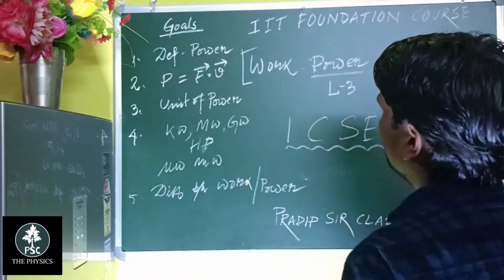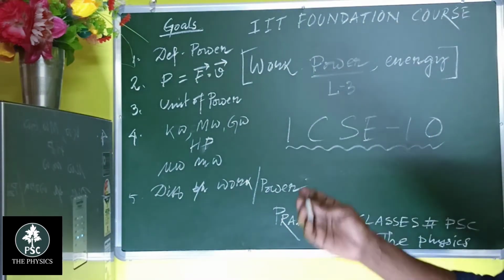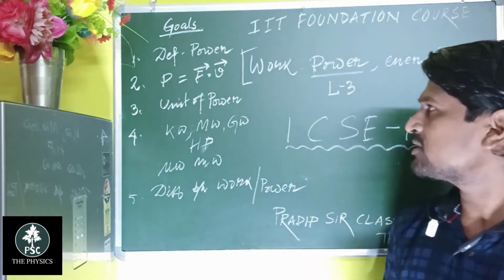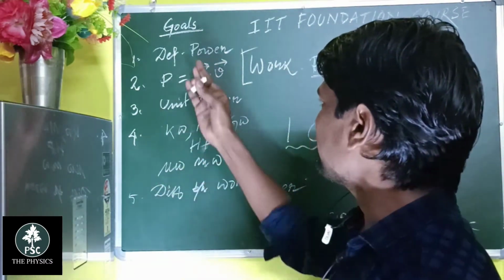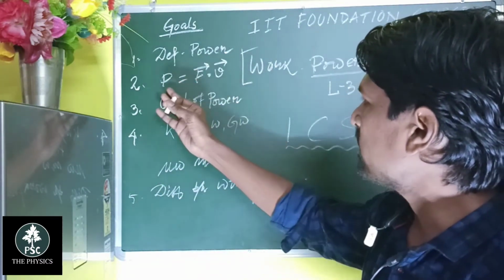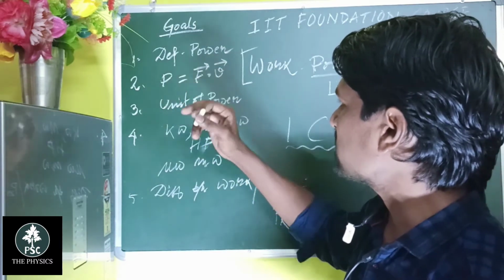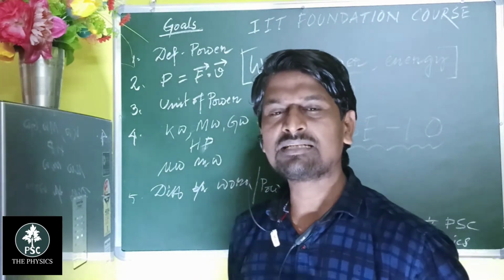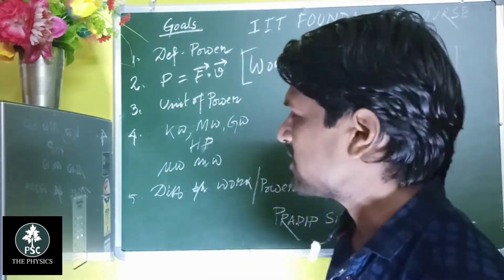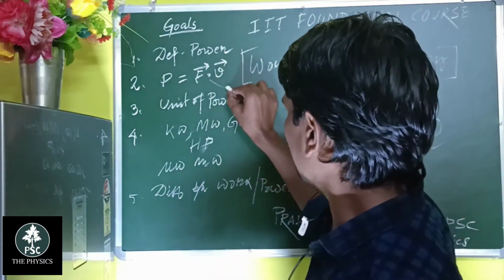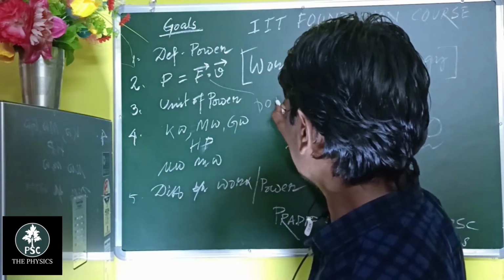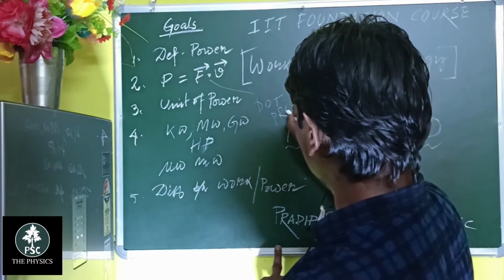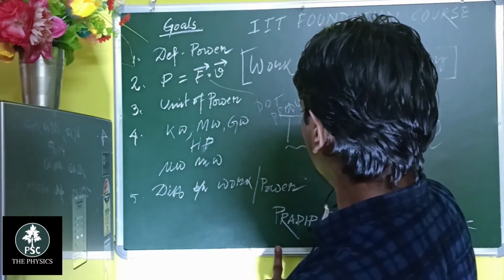Again, this is the IIT Foundation course, and after seeing this lecture you will be able to understand the definition of power. Power equals force vector dot velocity vector, that is, it is a dot product.